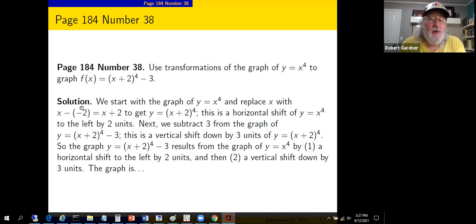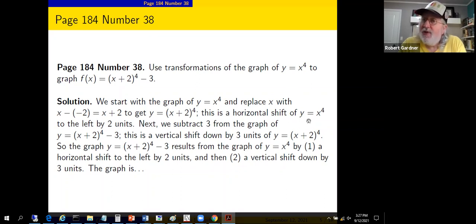The negative on the -2 will indicate which direction we're shifting things. We're shifting things to the left by 2 units, as it says down here. But make that substitution, substituting for x in this graph, x plus 2, and that will produce y equals x plus 2 to the 4th power. Not there yet, but closer.